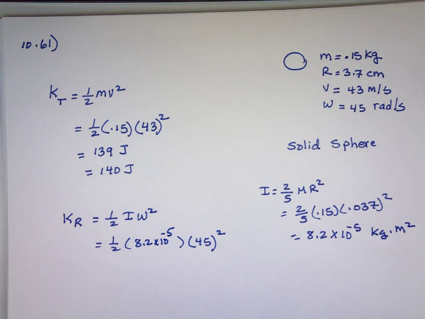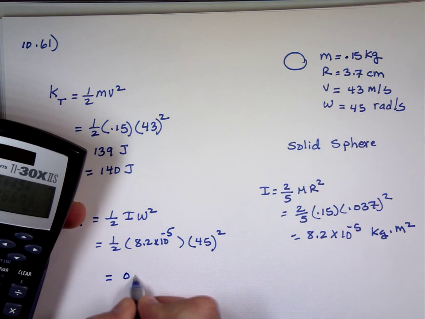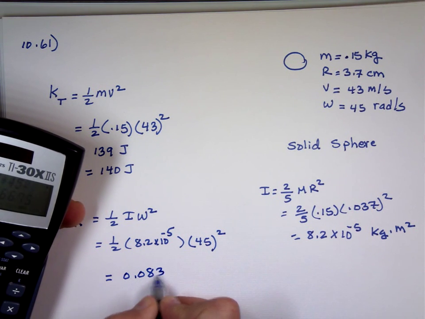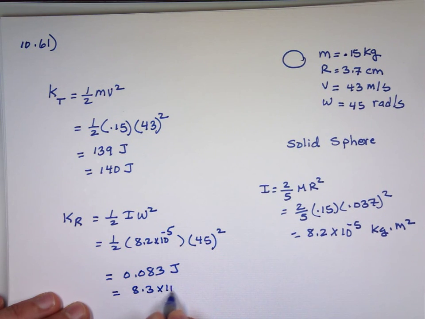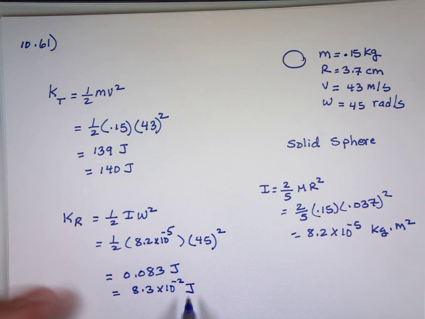I got a syntax error, I don't know why. 0.5 times 45 squared. 0.083 joules, or 8.3 times 10 to the -2 joules. Either way.